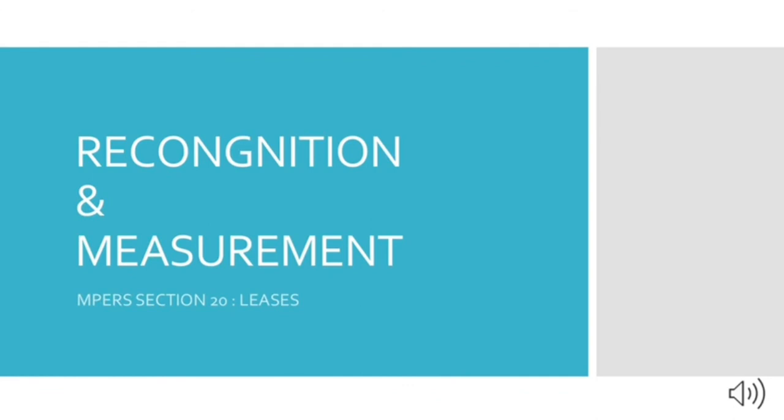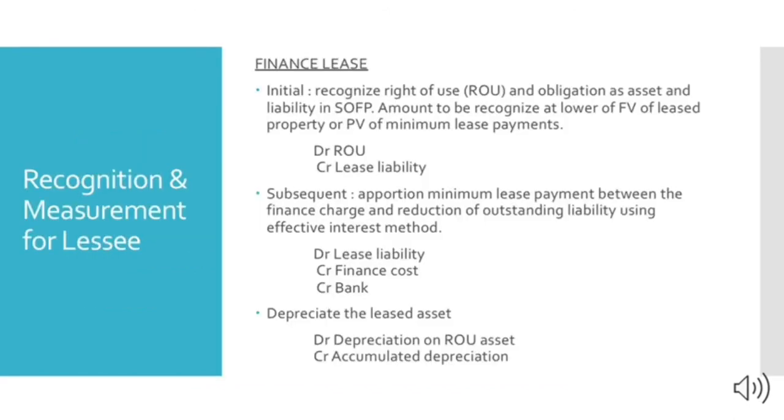Next is recognition and measurement for MPERS Section 20 leases. For recognition and measurement, we divide into two, which is recognition by lessee and recognition by lessor. So first, for lessee, for finance lease, initially upon the lease contract, we need to recognize the right of use of lease asset and its obligation as asset and liability in SOFP.